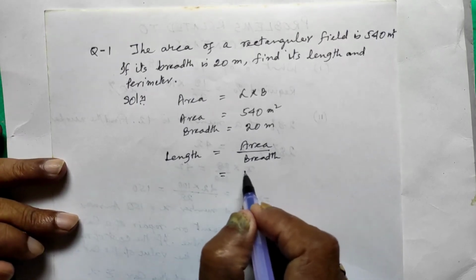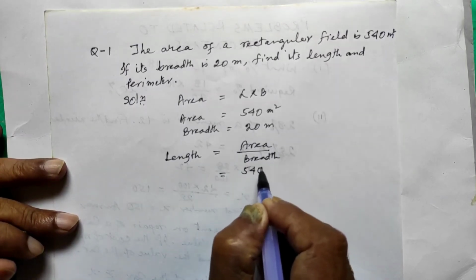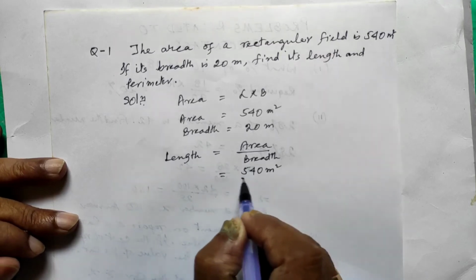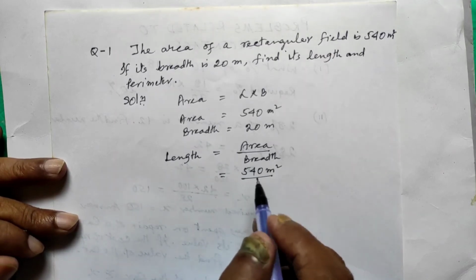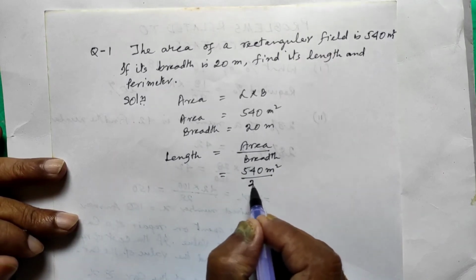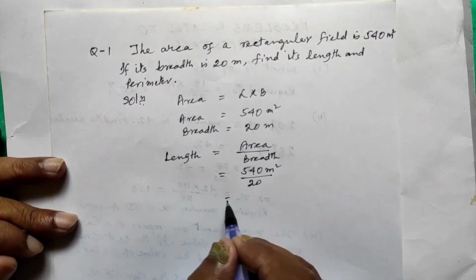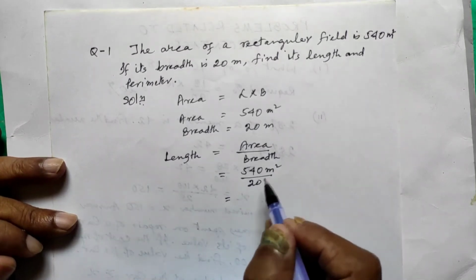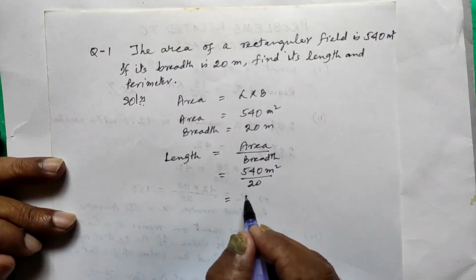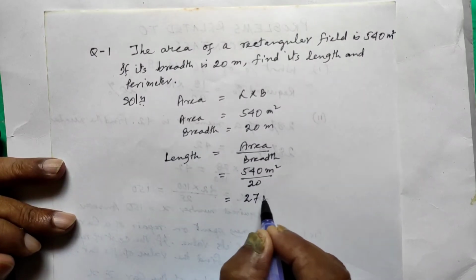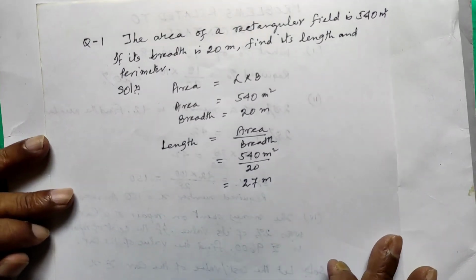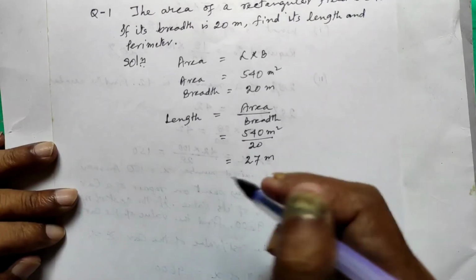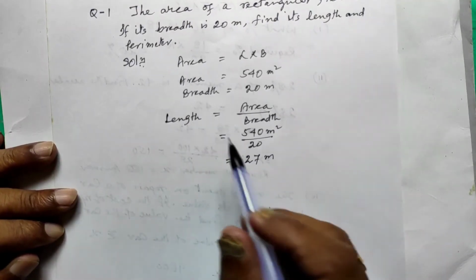What is the area here? 540 meter square, and the breadth is given here, 20. So if you cancel 0 with 0, and then 54 divided by 2, it will be 27. That means 27 meter is your length. So you have got the length.